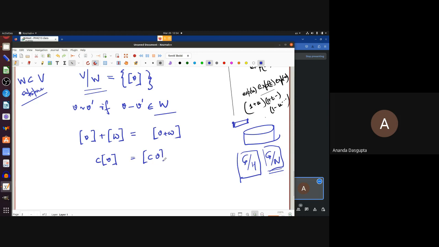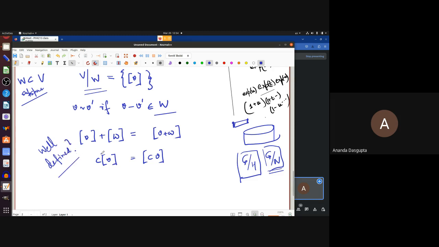But before you even begin to check whether this set of such equivalence classes becomes a vector space under this definition, the first thing you should check is whether these are well defined. Pretty easy to check that they are.